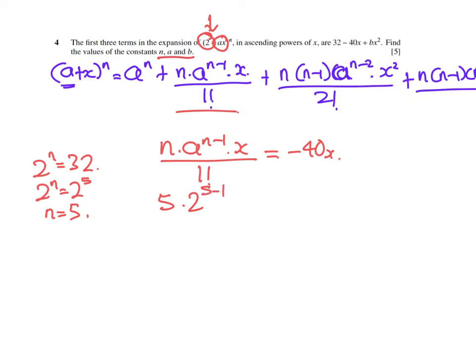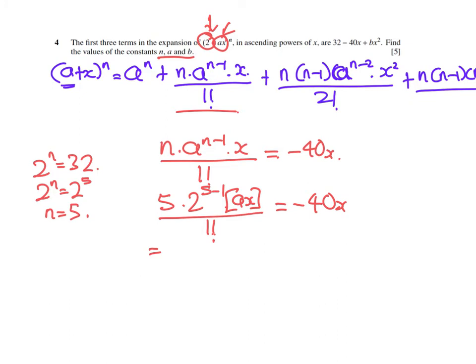So 5 minus 1 multiplied by x. Remember, x here is ax, so inside x I'll sub ax, and then over 1 factorial, and that equals negative 40x.